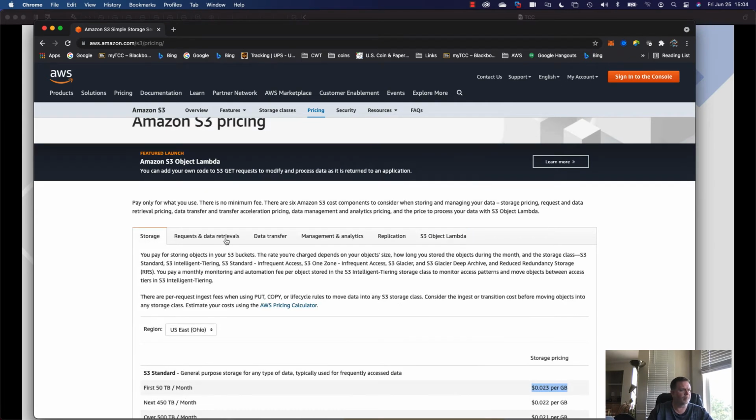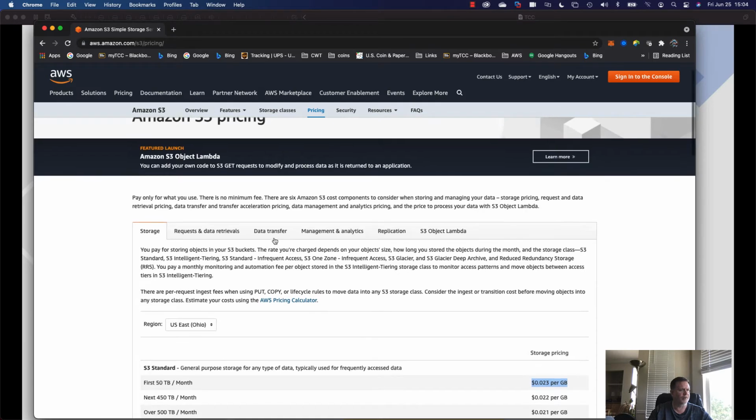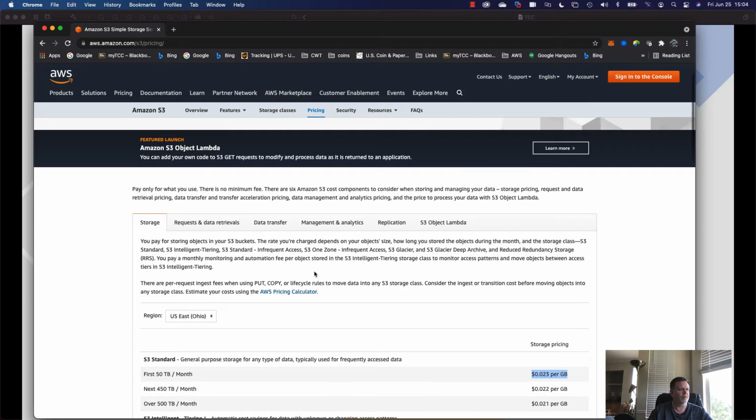But you've got to be careful with the pricing. There's usually multiple costs involved. It's not just a straightforward, oh, it's 2.3 cents per gig, and it is to store it. But if you're actually going to use it, then you're going to have some data retrieval and some data transfer fees involved in that.